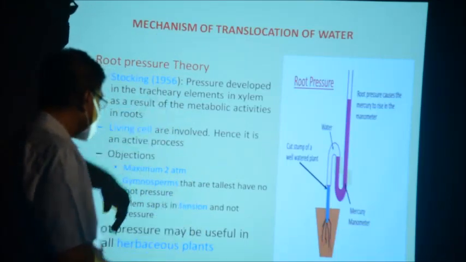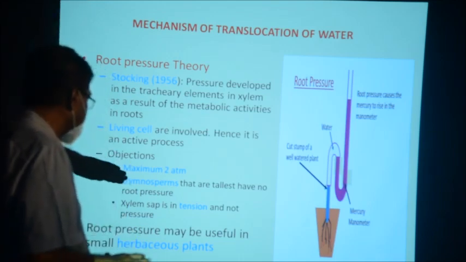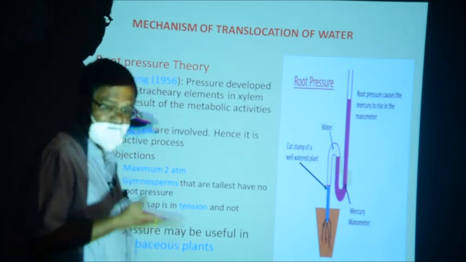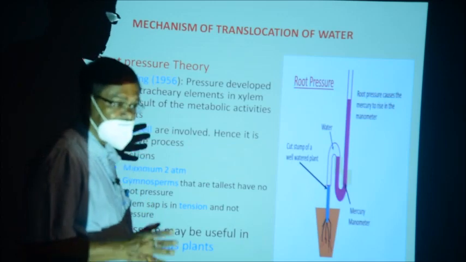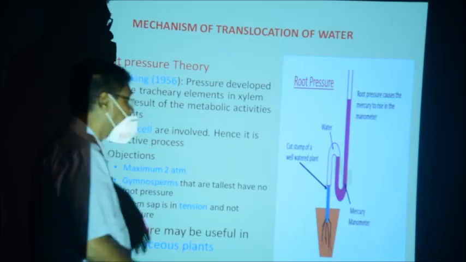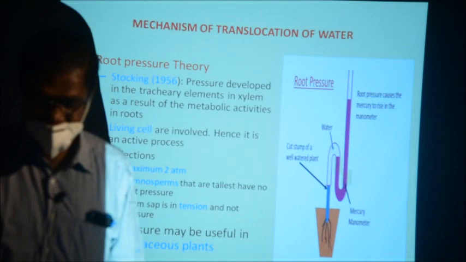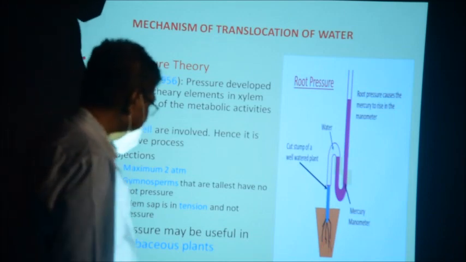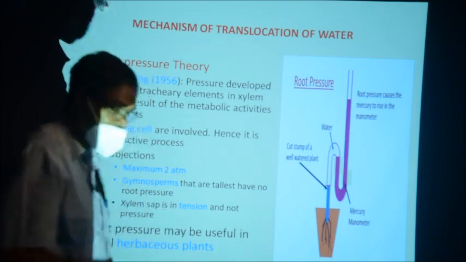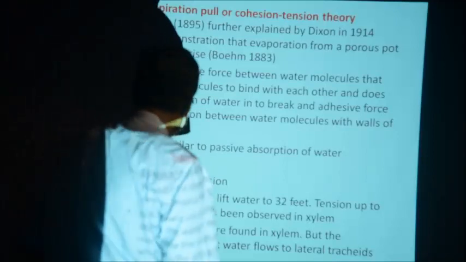Now, this is because of root pressure, but it has been found that root pressure is a maximum of 2 atmospheres, and you know that 1 atmosphere of pressure can lift water up to 32 feet, whereas plants of 400 feet are there, and gymnosperms, which are the tallest plants, do not have a root pressure. And if there is a pressure, you must feel it in the xylem, but the xylem shows tension and not pressure. But in small plants, it is believed that root pressure may be responsible.